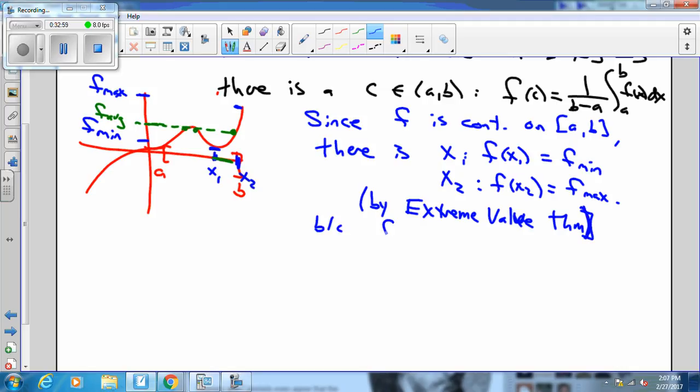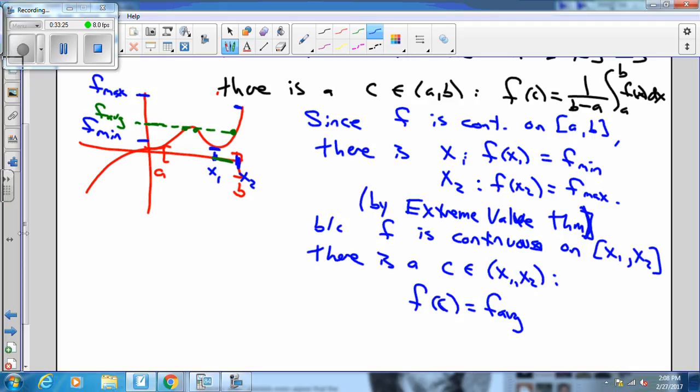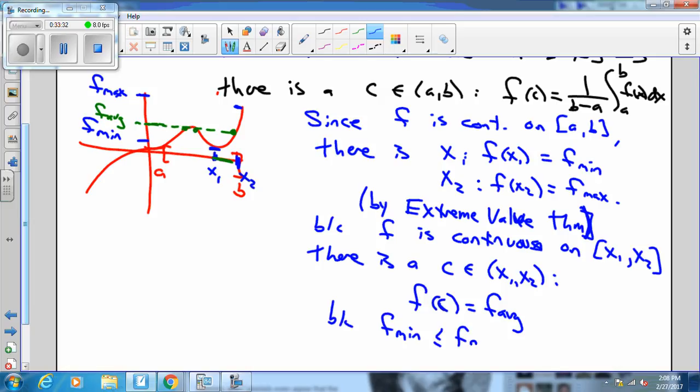And then, because f is continuous, but now it only needs to be continuous on x1 to x2, there is a C in x1 to x2 such that f of C is equal to f average, because f average is between f min and f max.